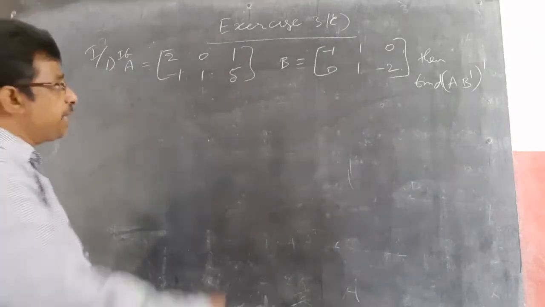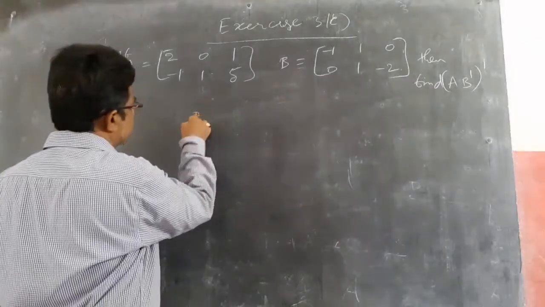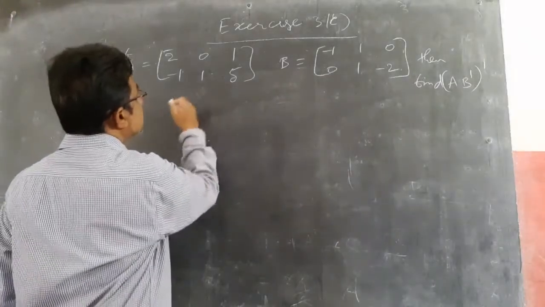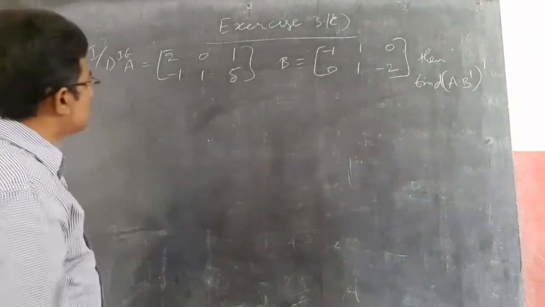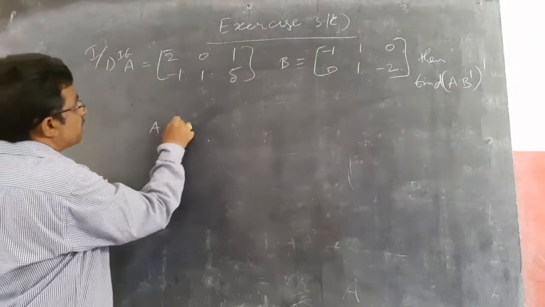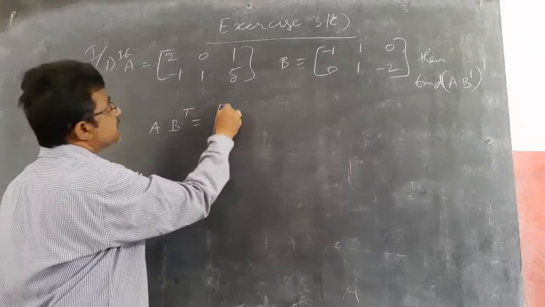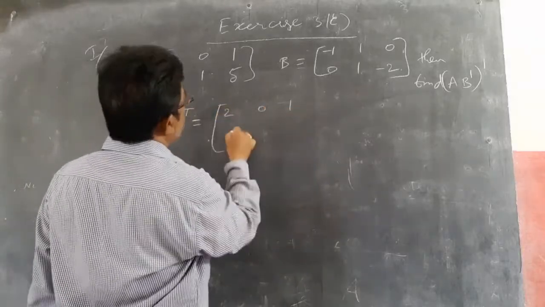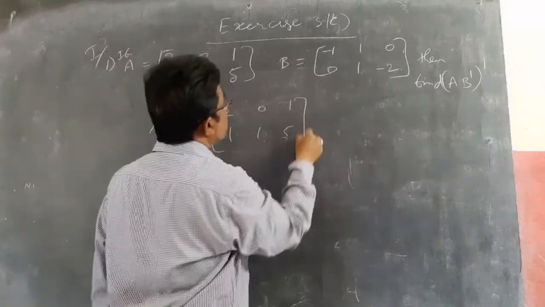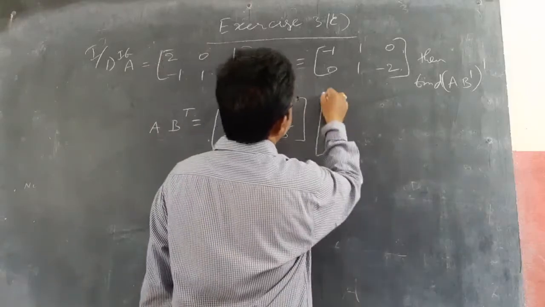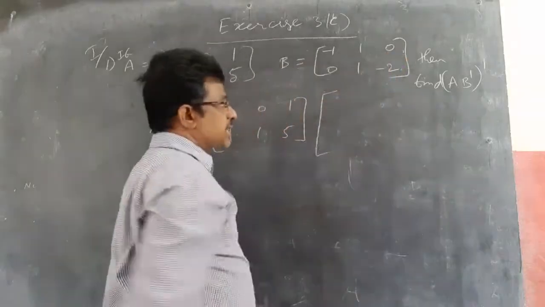How can I find B transpose? B transpose is nothing but changing rows into columns of B. So I will write directly A into B transpose, equal to A is [2 0 1; -1 1 5], into B transpose, which means changing rows into columns, columns into rows.